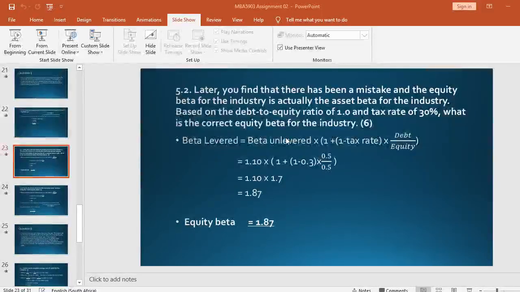Can we calculate the new cost of equity? Our risk-free rate is the same. We now have a new equity beta of 1.87, and our risk premium remains at 5%. So let's calculate the new cost of equity.